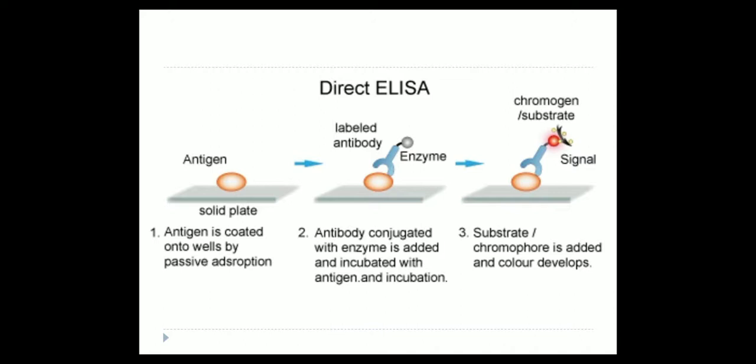Now the third step is that substrate or chromophore is added and color develops. Now what happens is that the substrate, or any chromogen or chemiluminescent compound, is added, then that substrate binds with the enzyme and forms a product, and that product gives a color.